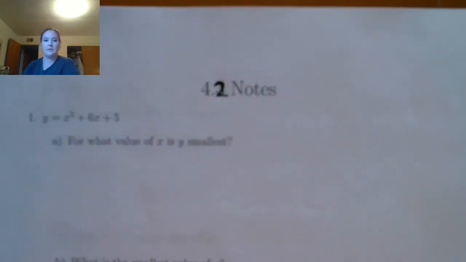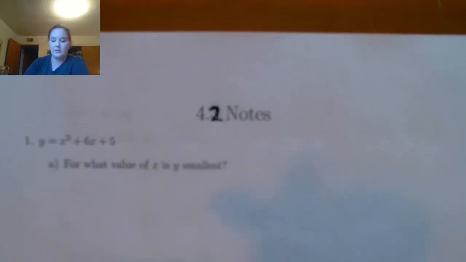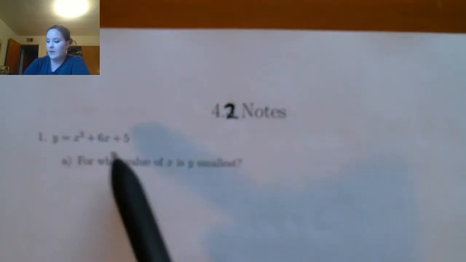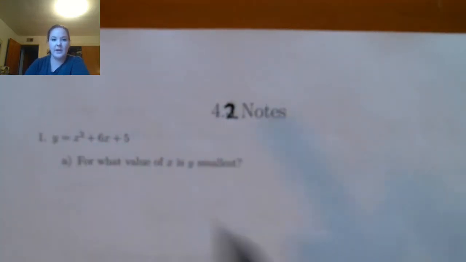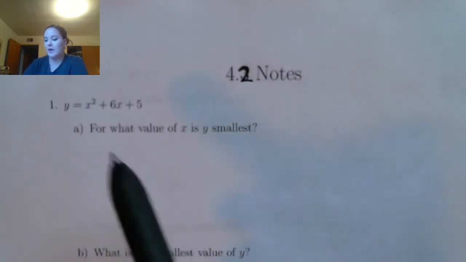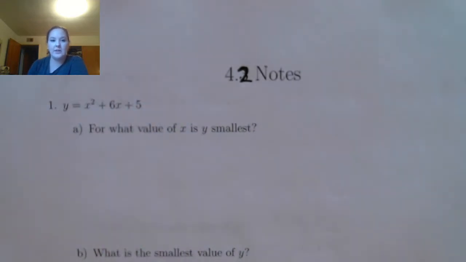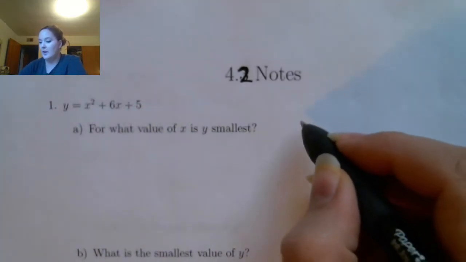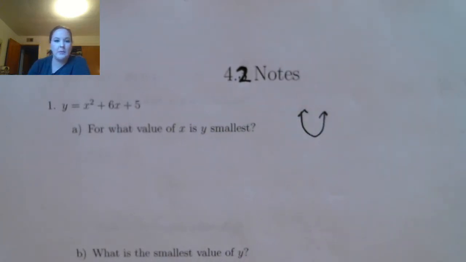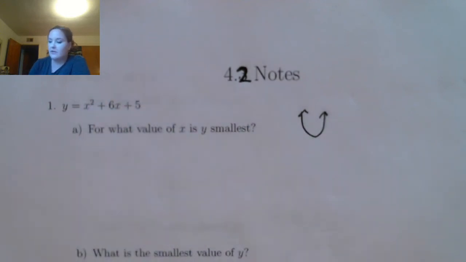We have x squared plus 6x plus 5, and it says for what value of x is y smallest. If we're thinking about this parabola, it opens up, and we know this because the leading coefficient in front of x squared is positive.